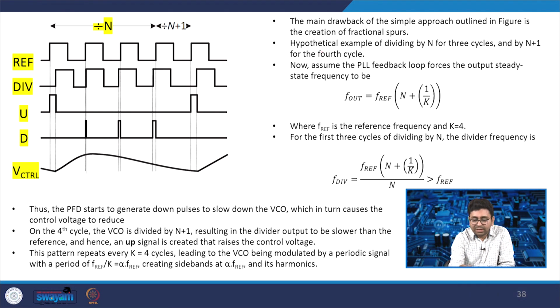As we have already seen, the main drawback of the simple approach outlined here in the figure is the creation of fractional spurs. How will the fractional spurs be generated? Here is the reference and here is the divider. This is a hypothetical example, dividing by N for 3 cycles and by N plus 1 for 1 cycle, so total K is equal to 4.